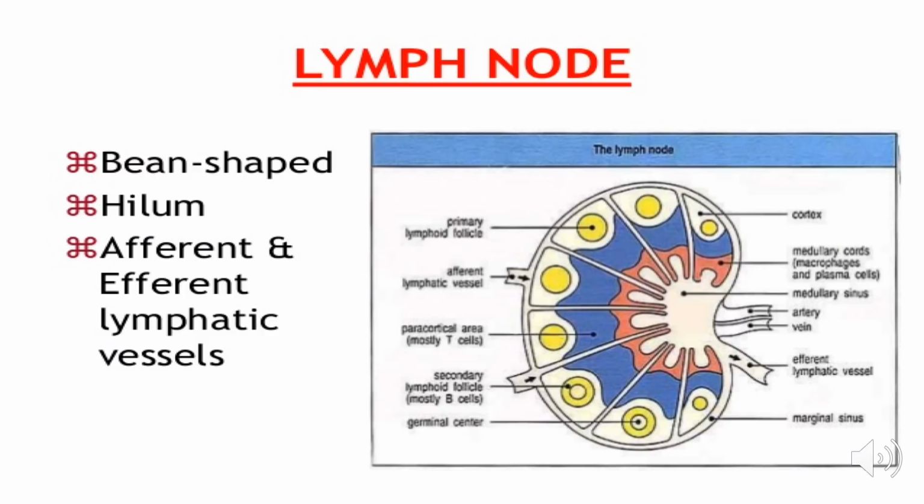Let us now try to discuss the microscopic features of the different major organs of the lymphatic system. Let's start with the bean-shaped lymph node. You have learned a while ago that it has two surfaces. You have the concave, which contains the hilum, and the convex, which has the afferent lymphatic vessels.